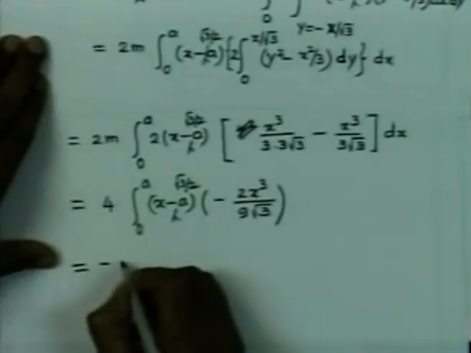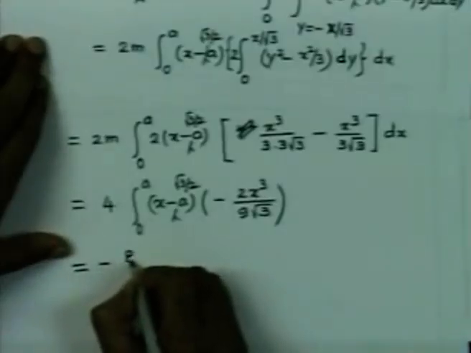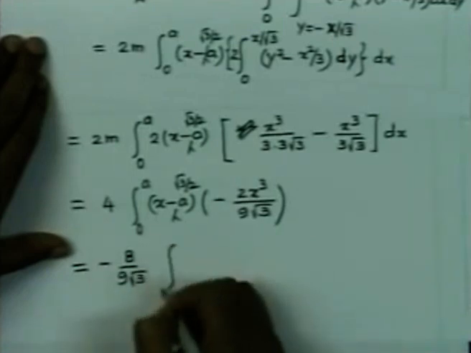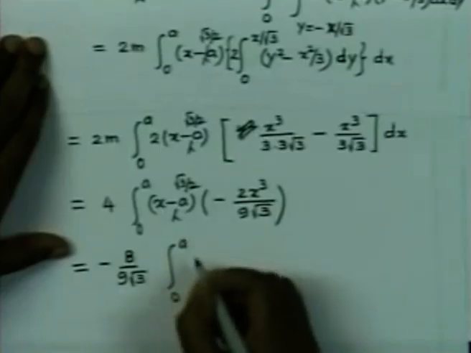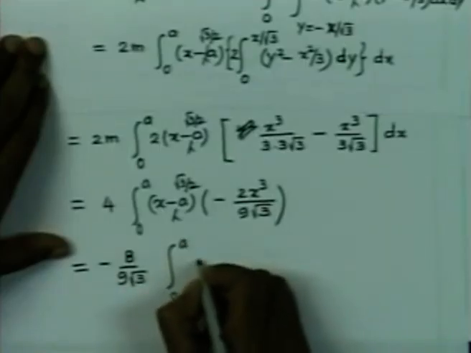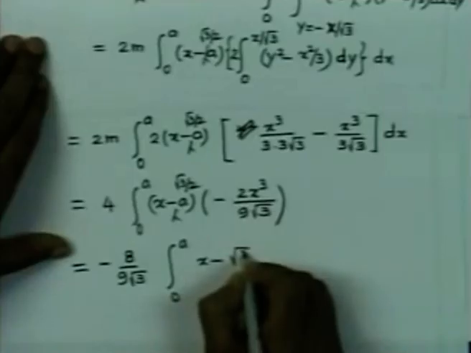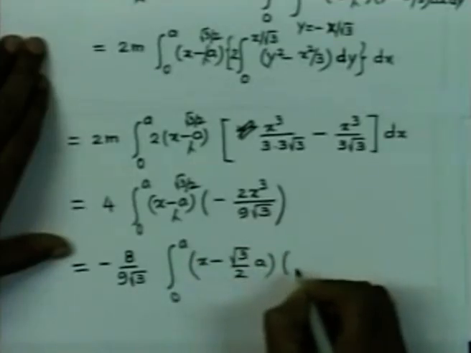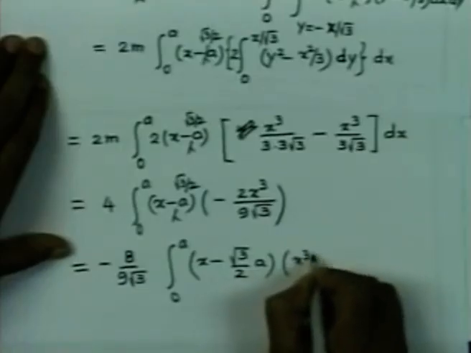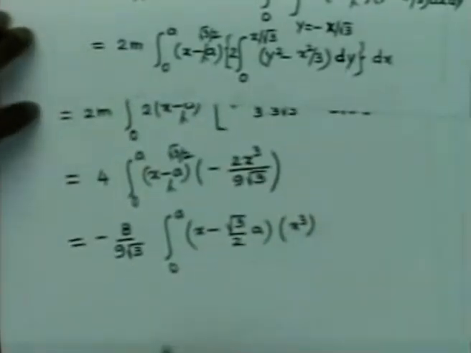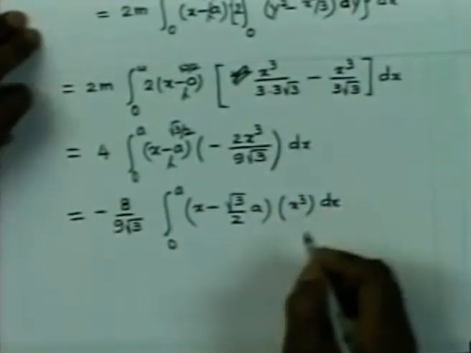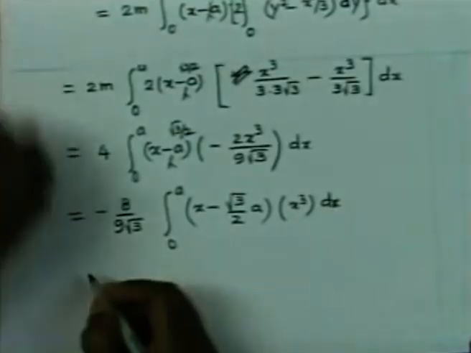So, this gives us minus 8 by 9 into root 3, 0 to a, x minus root 3 by 2 a into x cube dx. Of course, variable of integration is there.